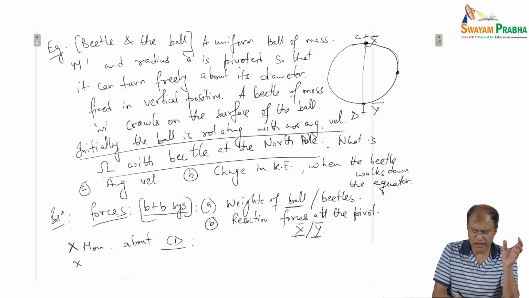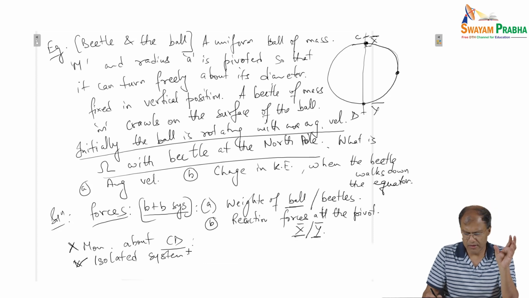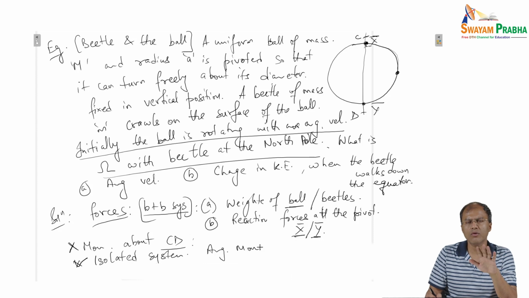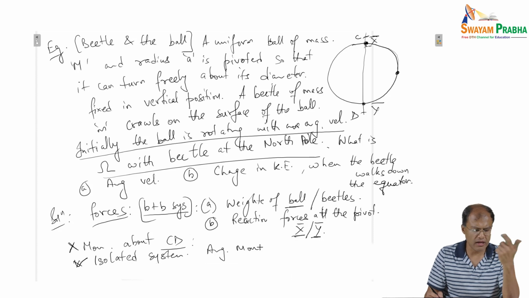We will look at the case where the system is isolated. So we see that for an isolated system, the angular momentum is conserved. And all we have to do is write the initial angular momentum of the system and the final angular momentum and equate them to find the answer.